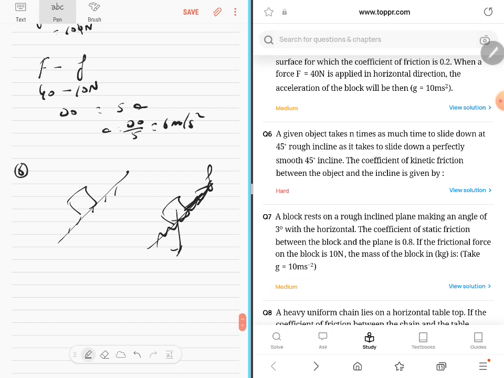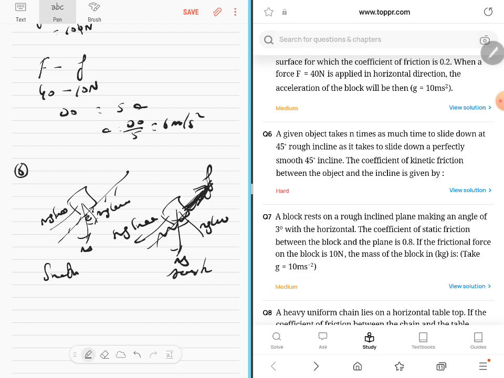And as usual you have mg, and this is theta, and this is mg cos theta, and there will be an mg sin theta to the left. Whereas in the smooth surface you will only have mg, mg cos theta and mg sin theta. There's no frictional force because it's smooth. So this is a smooth surface, and this is a rough surface, and that's a frictional force in that direction.